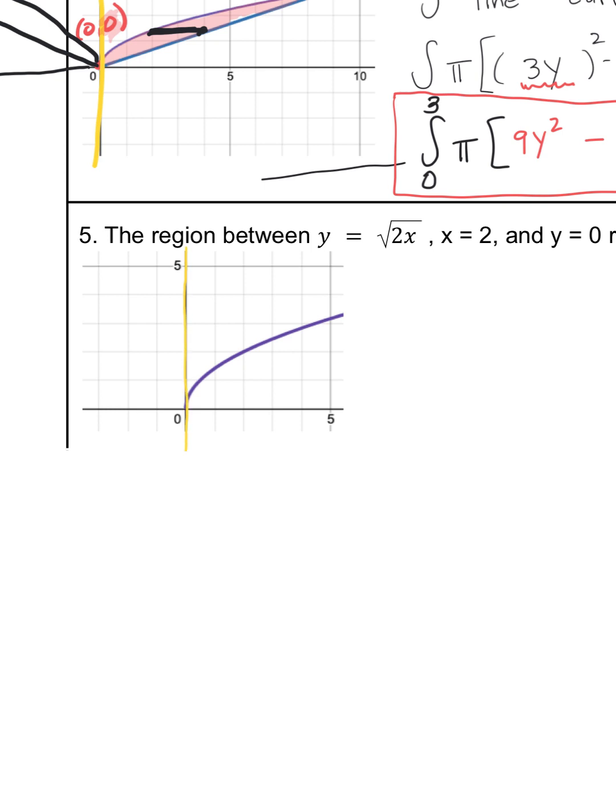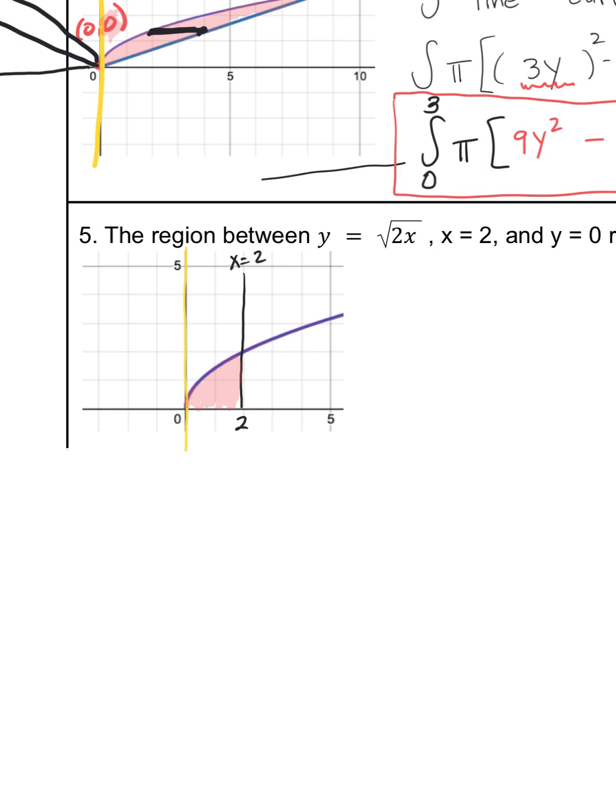We have the curve, the square root of 2x, right here, and then we have the vertical line x is equal to 2. So we go over to 2 and we put in a vertical line right here. That is the line x is equal to 2. So our region that we are rotating is this piece right here between the curve and the line.